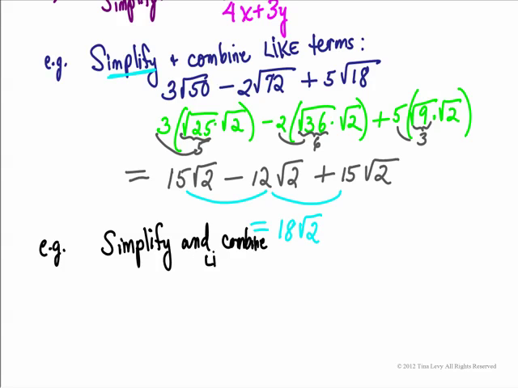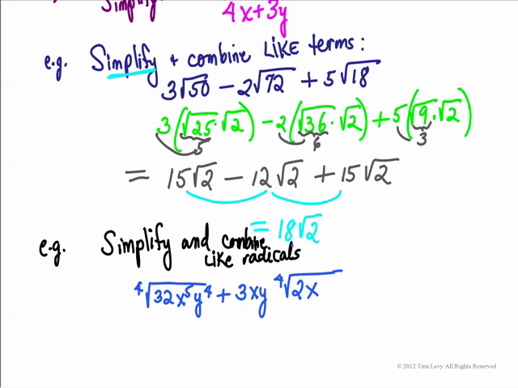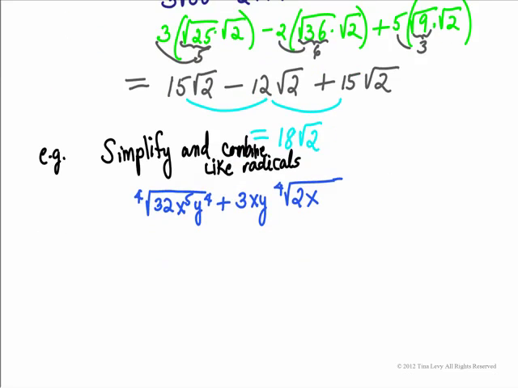In this case, there'll be like radicals. The fourth root of 32x to the fifth y to the fourth plus 3xy times the fourth root of 2x. We can see the fourth roots have different expressions under them. So our first step is we are going to simplify.